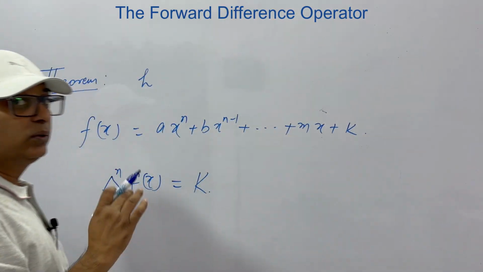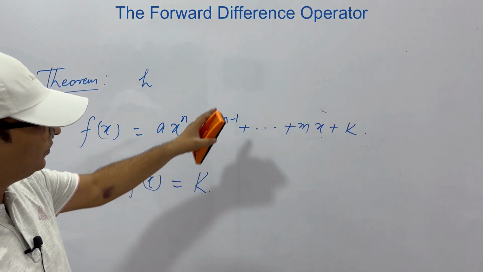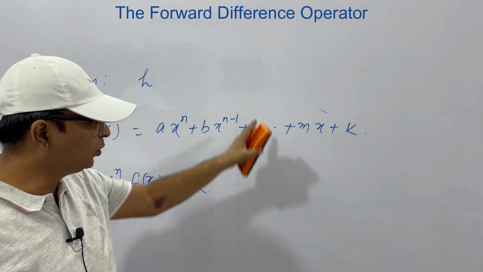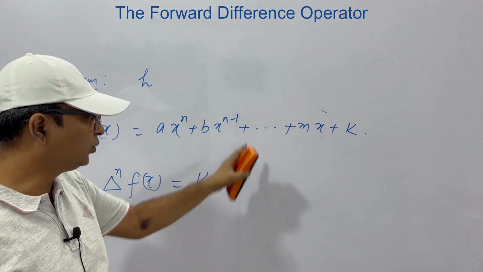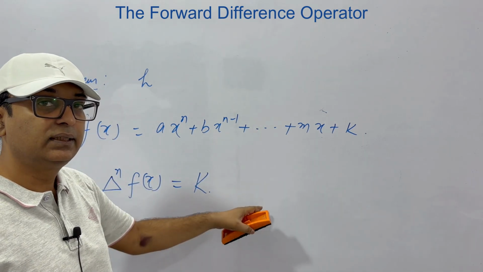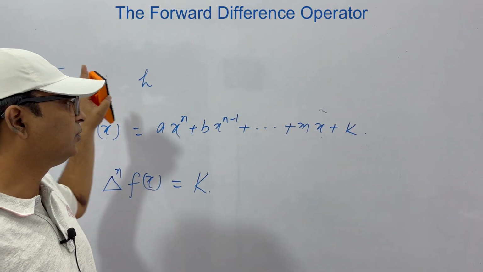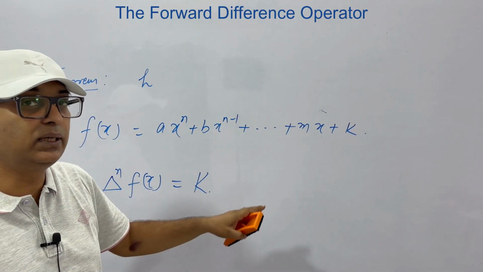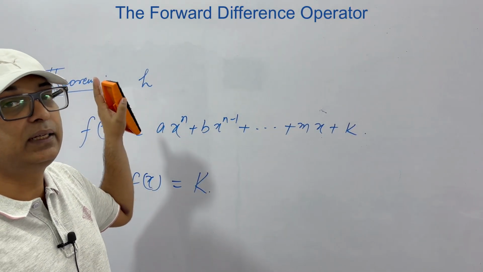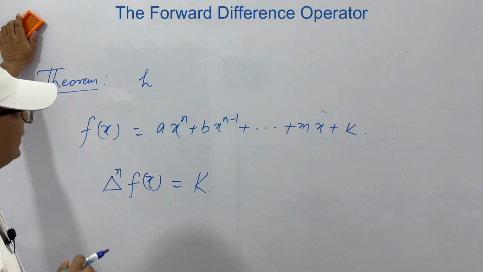And the converse is also true. If you make a table and find that in the fourth column, the fourth difference, all the values are the same constant, it means the function for which this table has been tabulated is of degree 4. Clear?